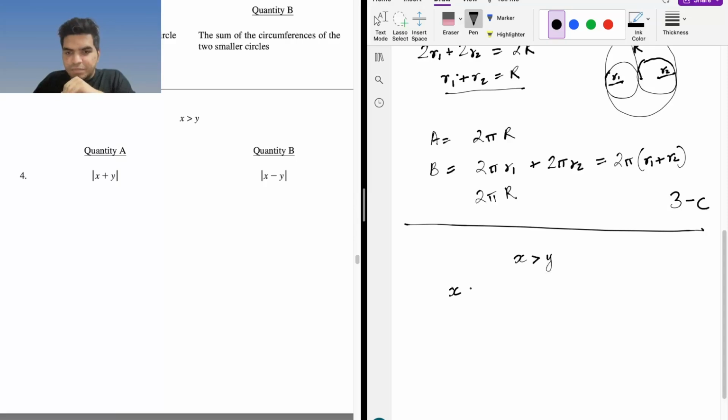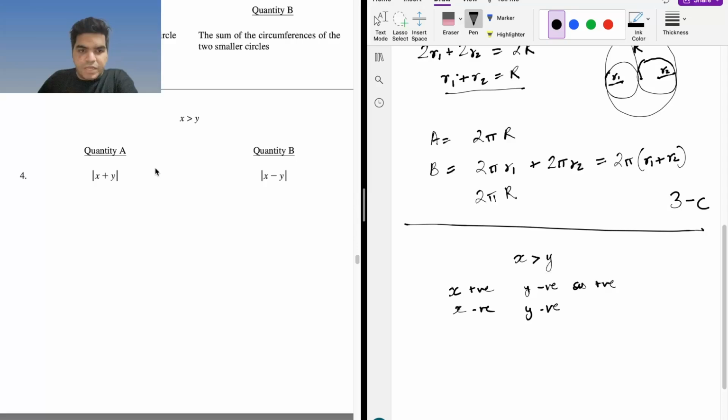X can be positive, and Y can be negative as well as positive. It can be anything, but X has to be positive. If X is negative, Y is also negative, because the negative value is much bigger than the positive part.